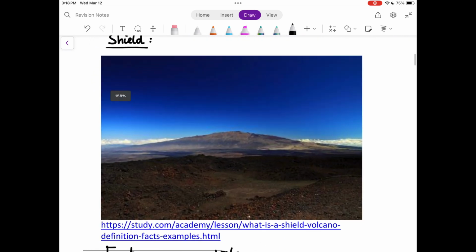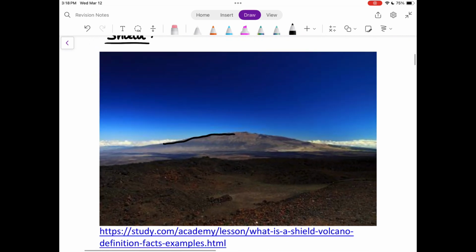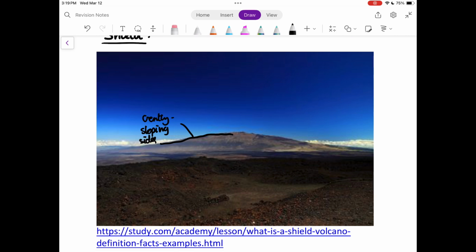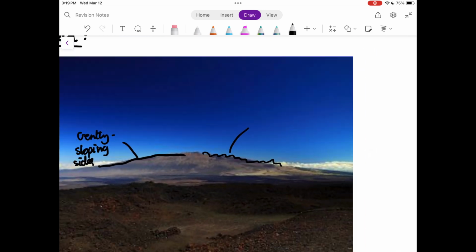For shield volcanoes, you need to know that the sides are gently sloping. So gently sloping sides. You also need to know that the lava that runs along these sides is thin and runny.